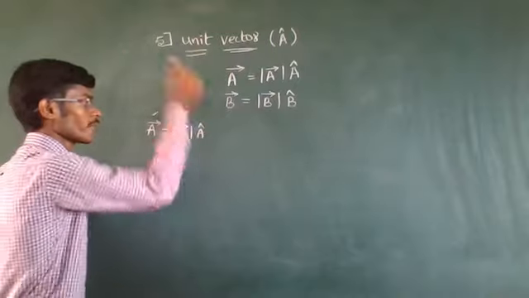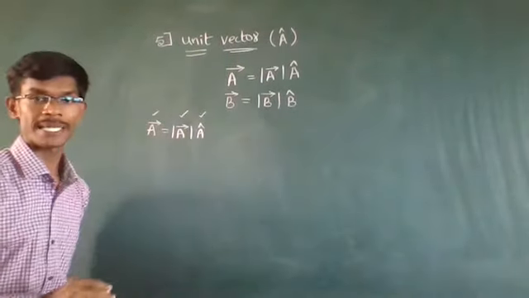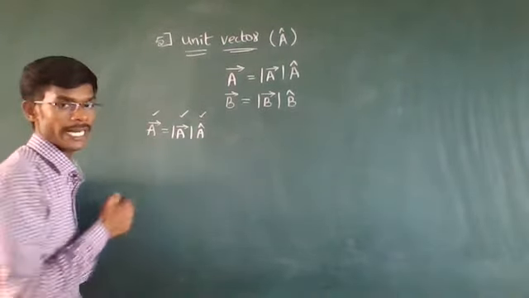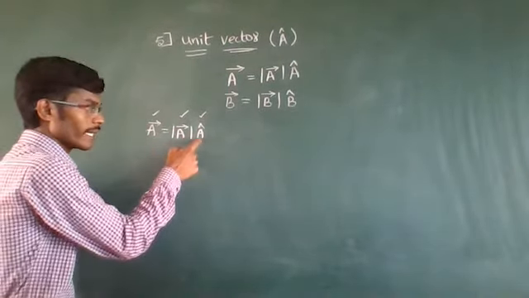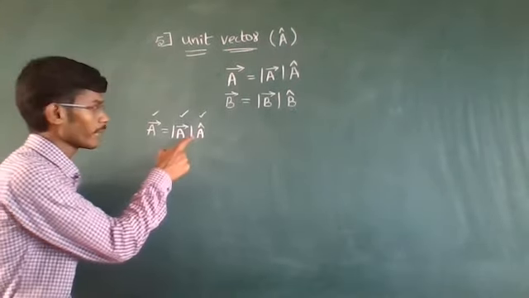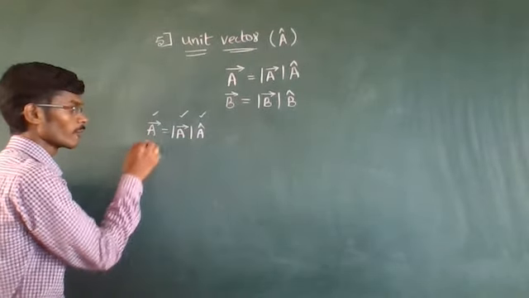Modulus of a bar represents the magnitude and a cap represents the direction. Here we require the unit vector alone. If you want a cap alone, what do we need to do? We need to send modulus of a bar to the LHS.